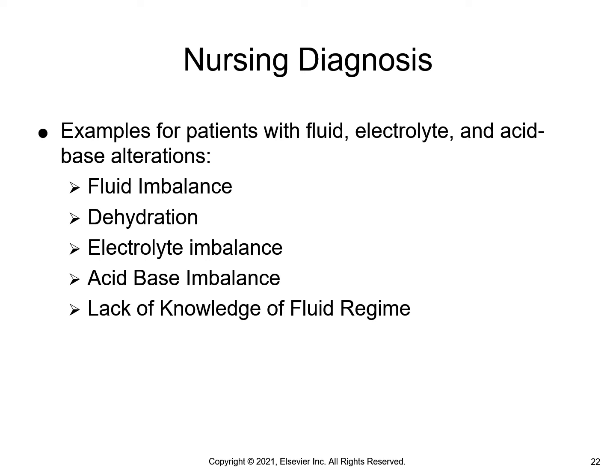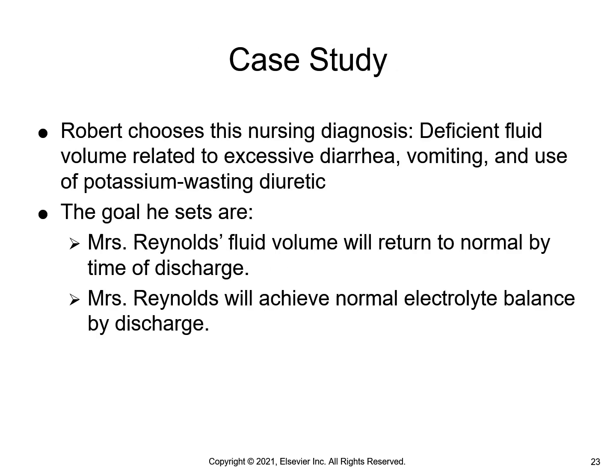The patient will produce a small volume of urine that will be dark yellow in color, and the urine specific gravity will show an increase. The nurse will test skin turgor, which is not always reliable for older adults, but there will be a decrease in skin turgor. What expected outcomes would Robert establish for the goals?